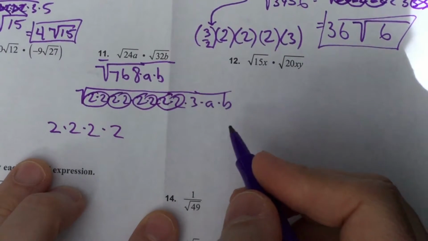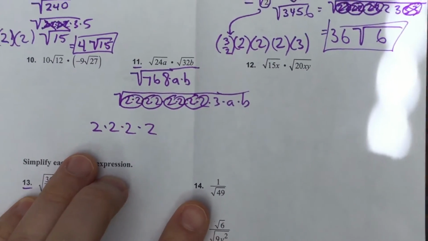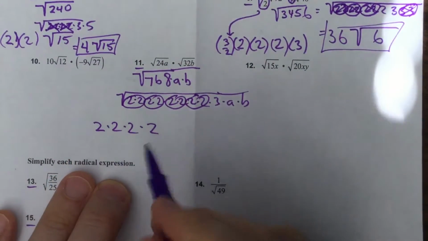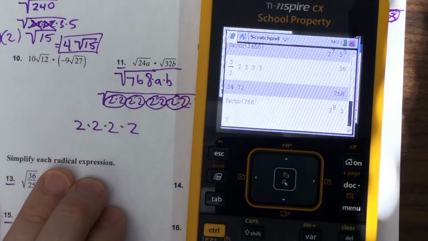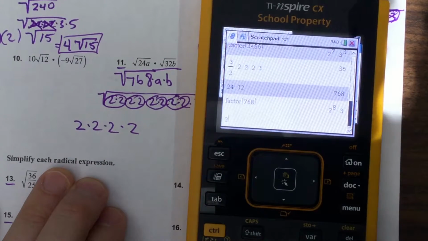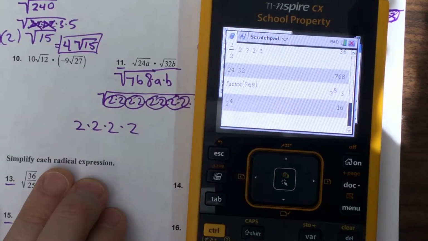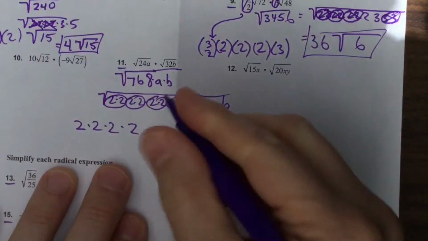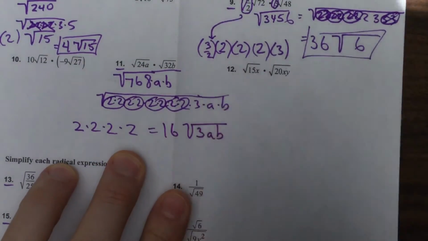I don't have any more pairs, so 3ab will have to stay on the inside of my radical. And here I have 2 to the 4th power. You could do 2 times 2 times 2 times 2, or you could just do 2 caret 4. That gives you 16. So I end up with 16 square root of 3ab.